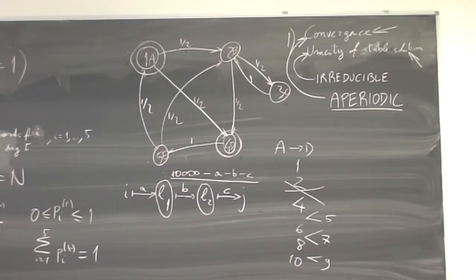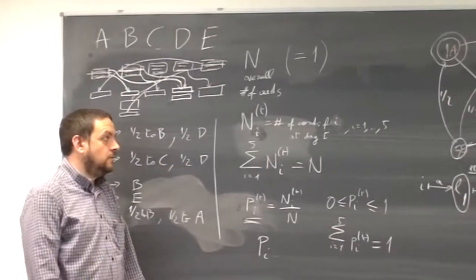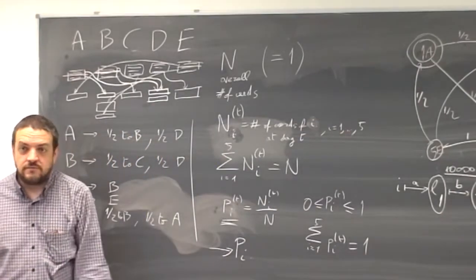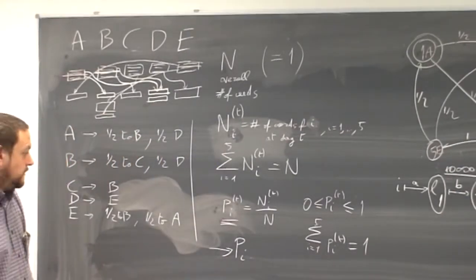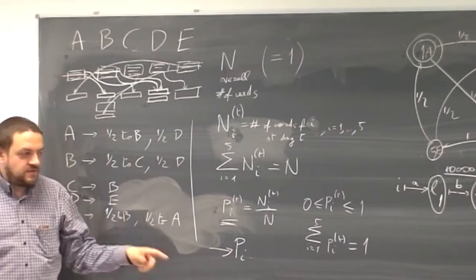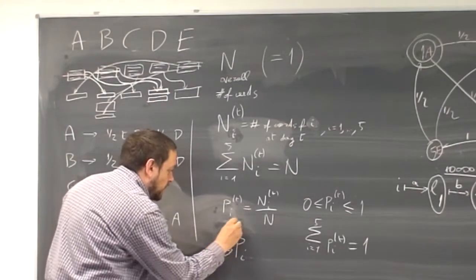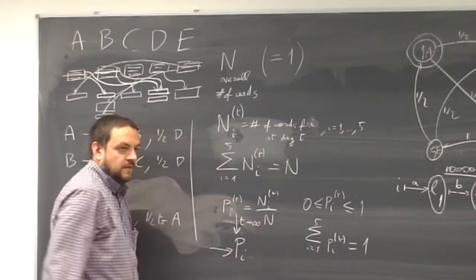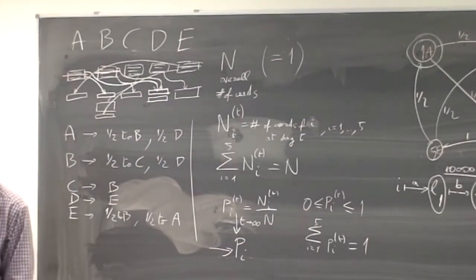So the answer is yes, we can show that no matter how cards are distributed, even if you start with all cards belonging to player A, this pi is an asymptotic result. So we end up with pi only after an infinite number of steps. All we can say is that pi of t converges to pi when t goes to infinity.